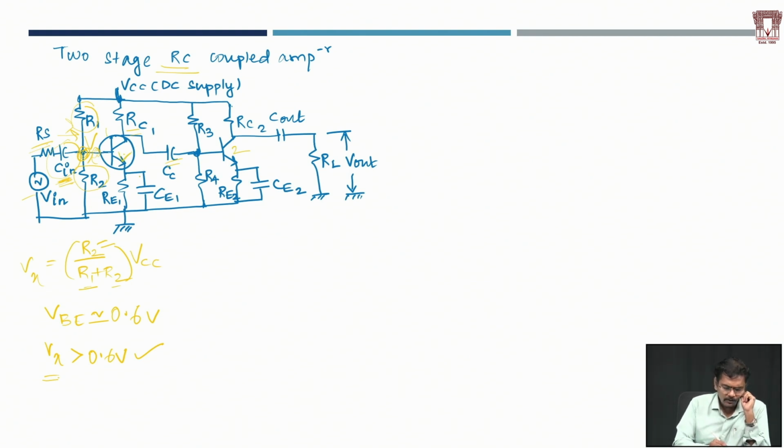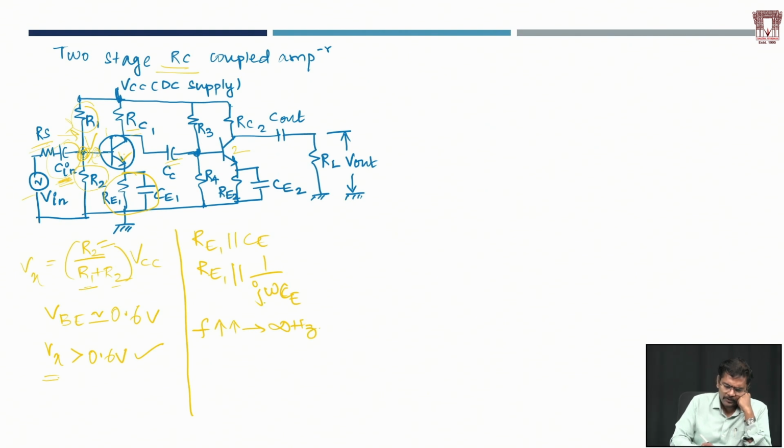Now coming to this one, this is the RC network, in fact the bypass resistor and capacitor. You see RE1 is in parallel with CE. In terms of impedance, it is RE1 in parallel with 1 by j omega CE. Now assume that the frequency is very high, nearing infinite hertz.